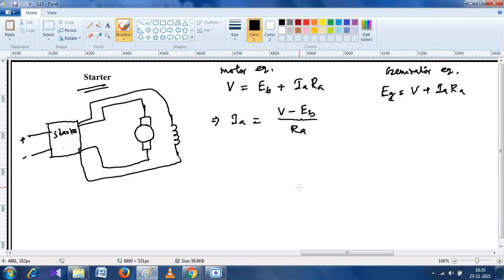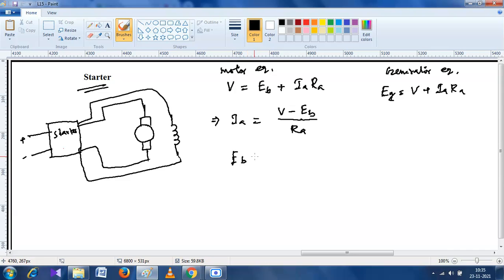We can say that this is the equation of Ia. Am I right, Deepak? Yes, sir. Okay.